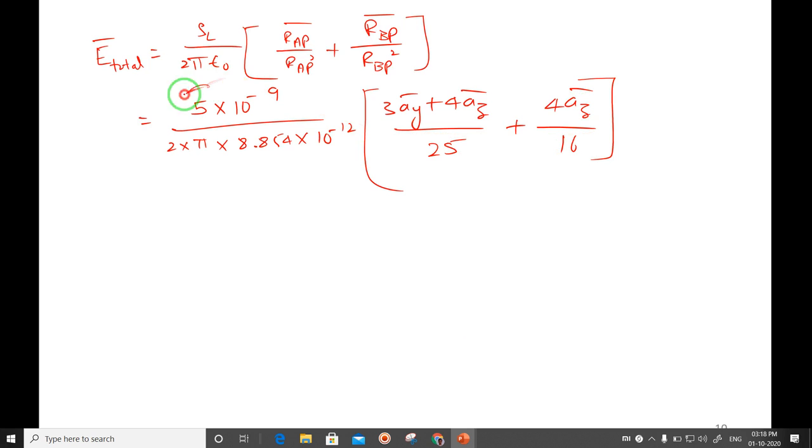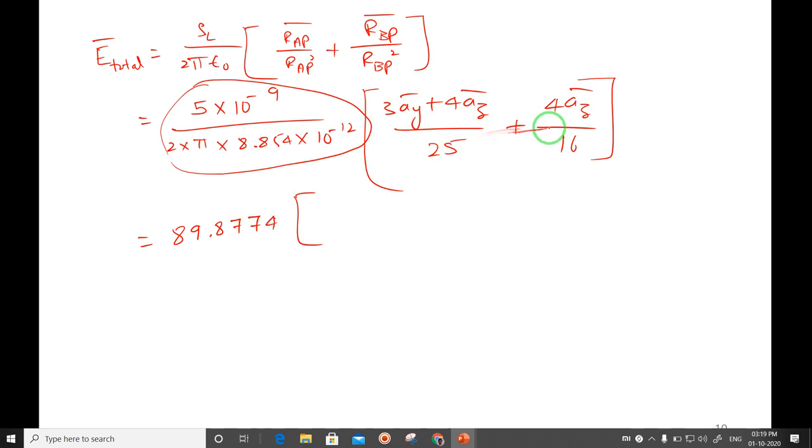So first we'll simplify this part outside using the calculator. Then we'll see. 5 exponential minus 9 divided by 2 into pi into 8.854 exponential minus 12. So this one I am getting as 89.8774. See here, I will separate 3 by 25 into a_y, 4 by 25 into a_z plus 4 by 16 into a_z.